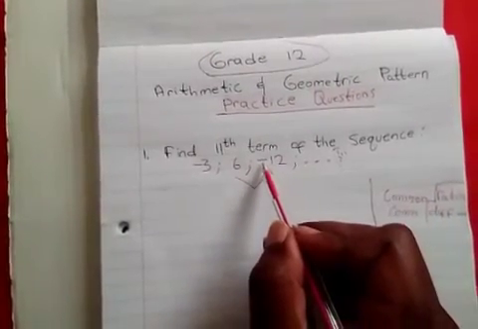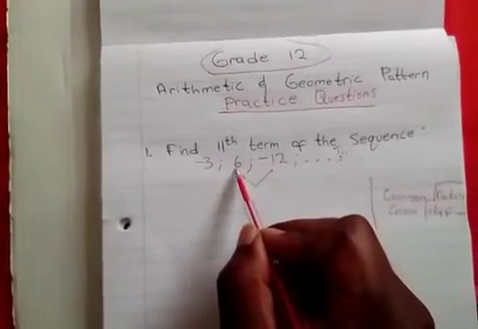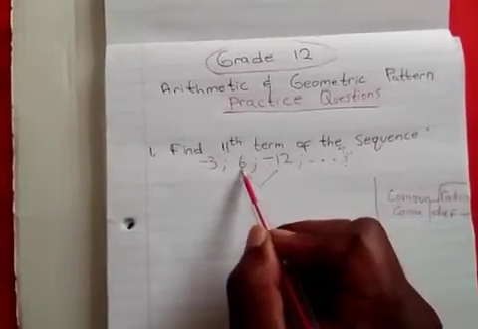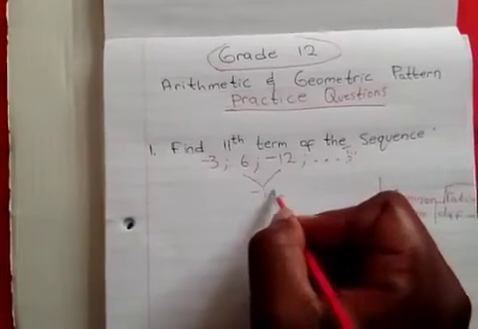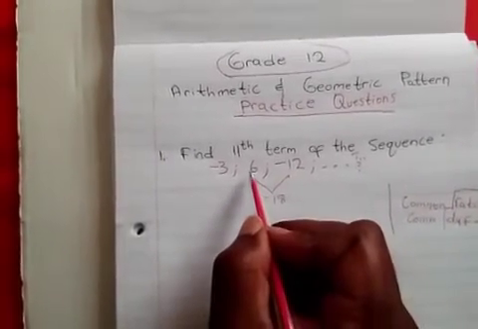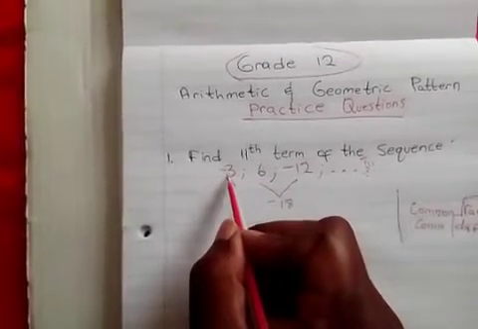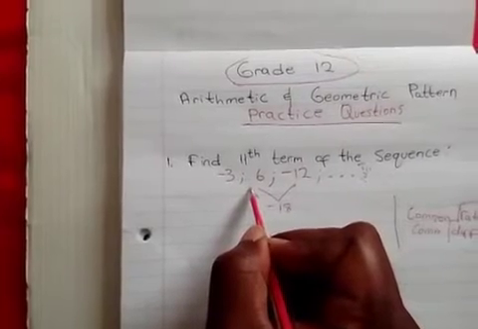So we're going to say term number 3, which is -12, minus 6. So -12 minus 6 is going to be -18. Then term number 2 minus term number 1, so it's 6 minus -3.